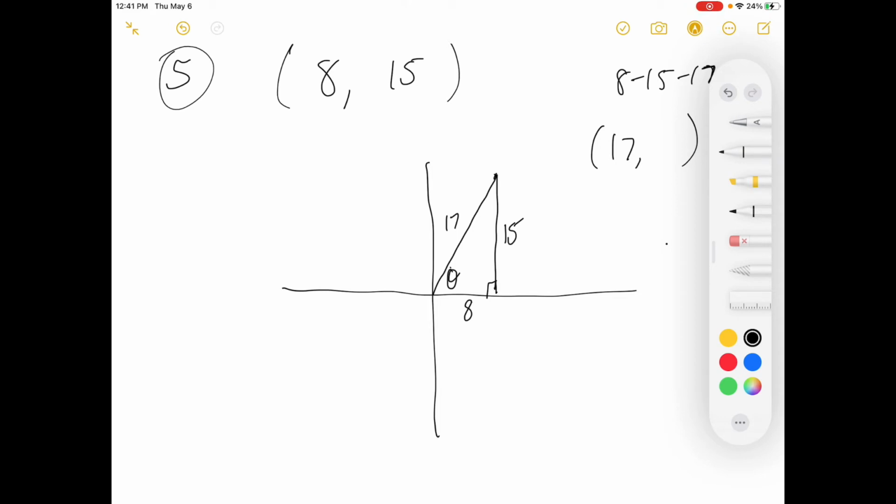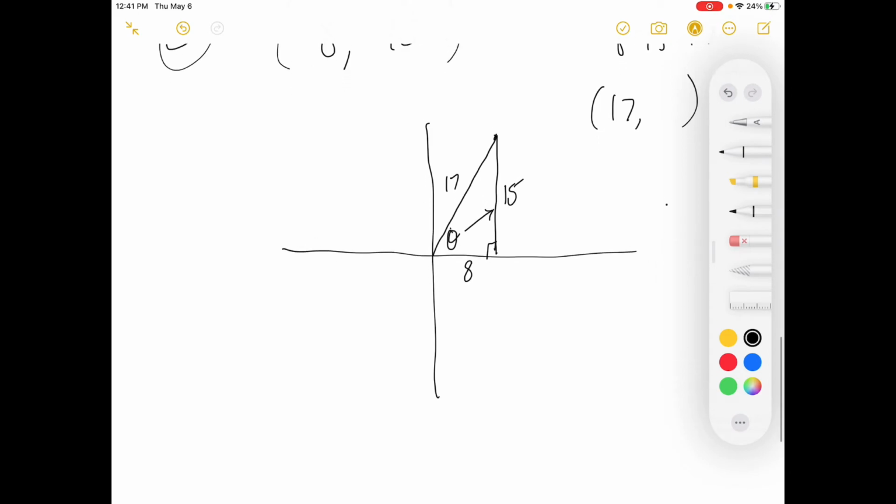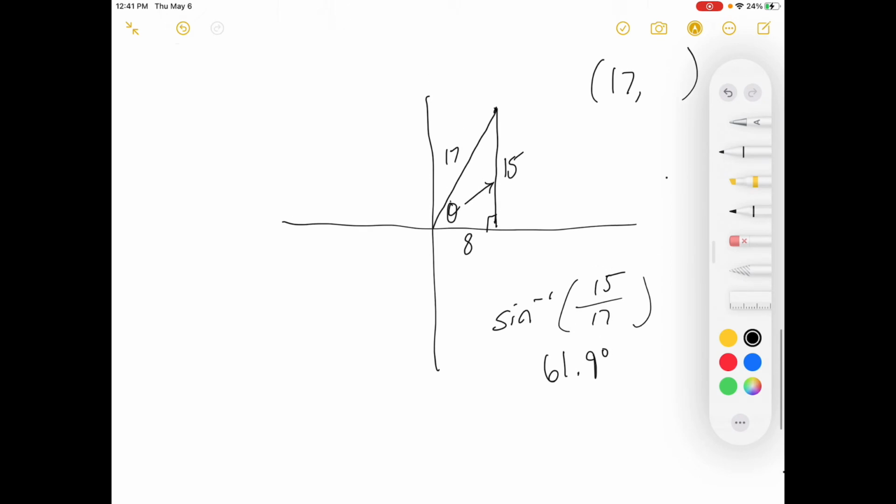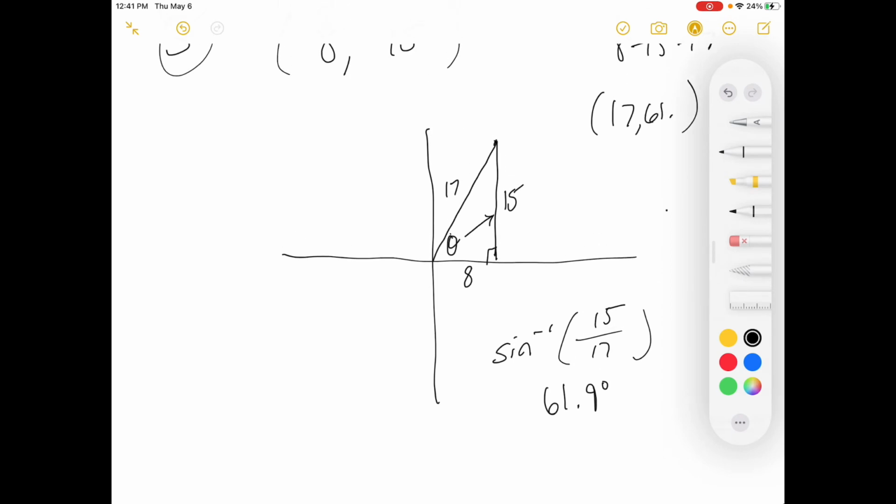So to find the degree, if you remember, we can use the inverse trig functions. We can do any of the three. We could do sine inverse. That's opposite over hypotenuse, so 15 over 17. And that would give me 61.9 degrees.